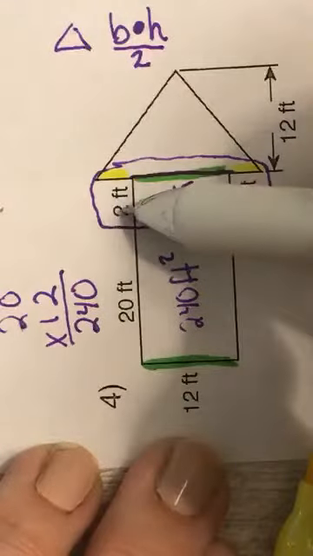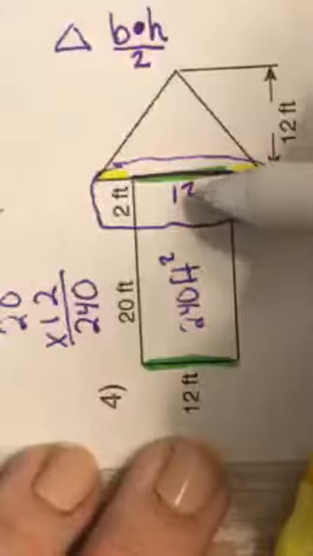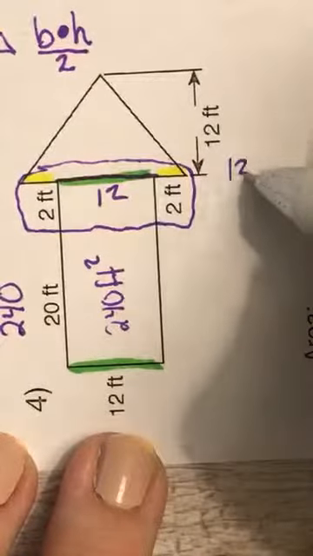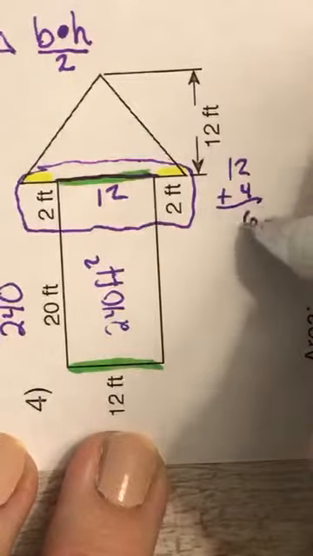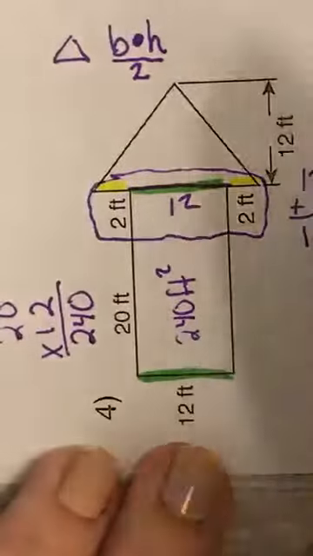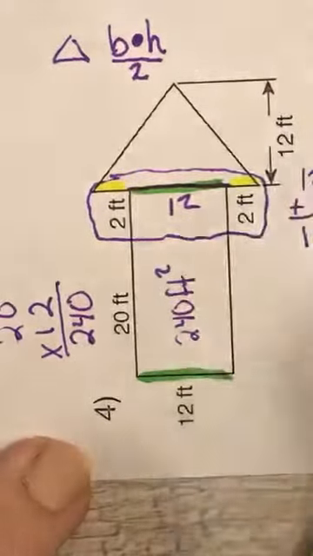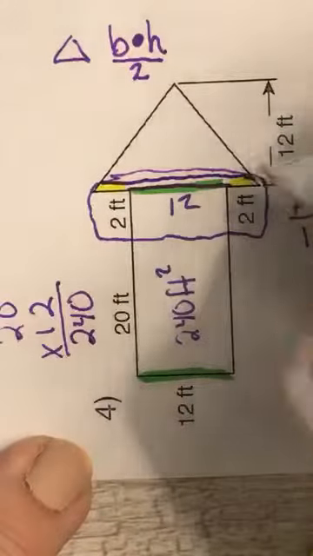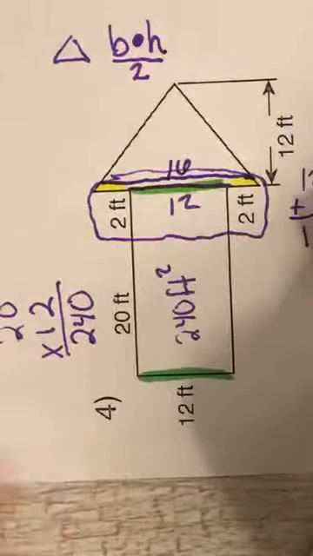So we need to do 2 plus 2, which is 4, plus 12. Let's see what 12 plus 4 is. That's going to be 16. So the entire bottom of this triangle is going to be 16 all together.